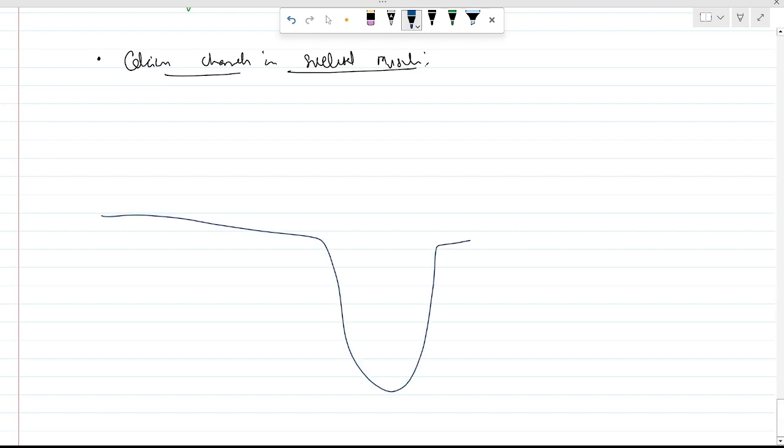Calcium channels in skeletal muscle. So we'll take our time to draw a diagram first. I'm drawing this diagram.